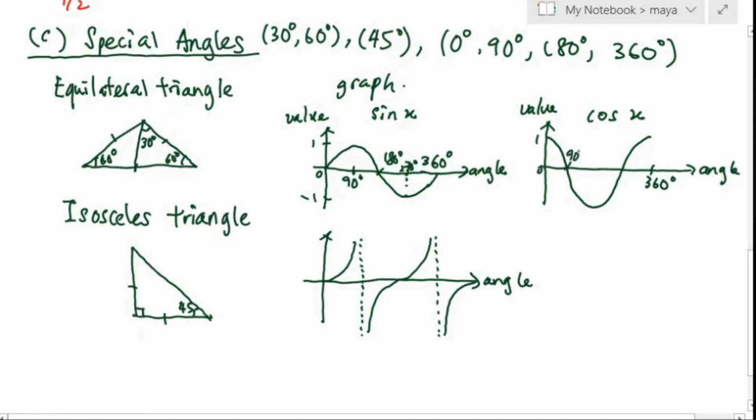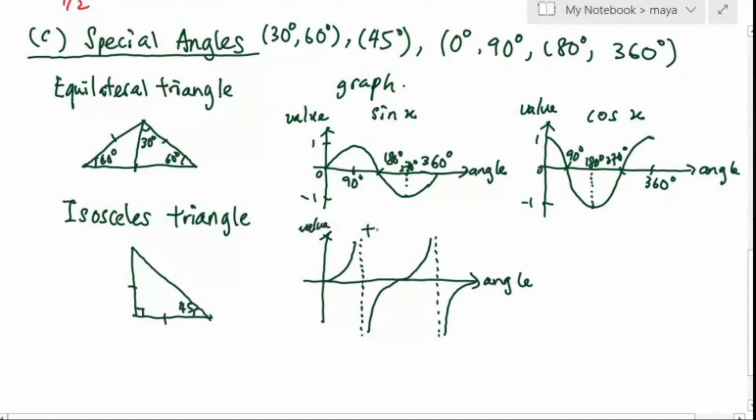So here is 90 degree. Here will be 180 degree. Here will be 270. Lastly, 360. So you can see the value comes from 1 and then goes down to 0 and then down to -1 and then comes up to 0, maximum value, goes back to 1.